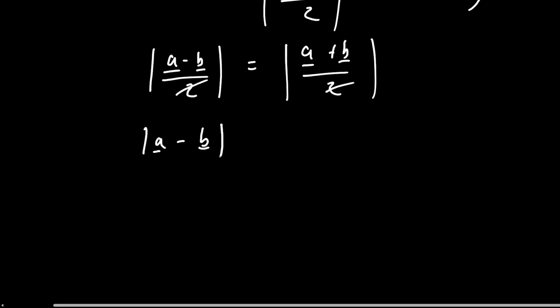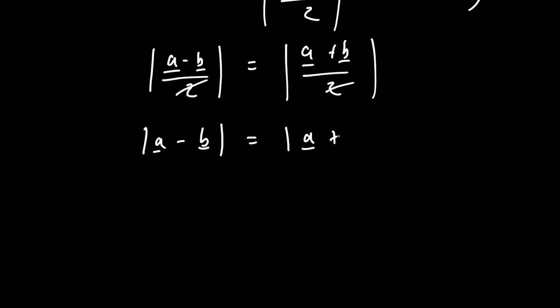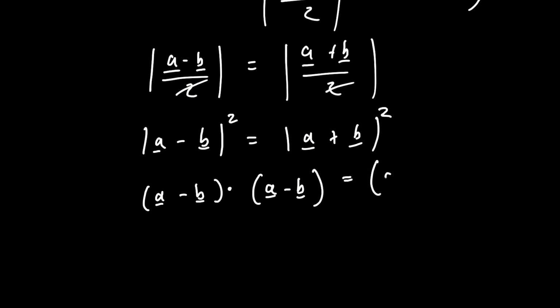The modulus of A minus B equals the modulus of A plus B. If I square both sides, I can then write this as a dot product expression. So this is going to be (A minus B) dotted with (A minus B) equals (A plus B) dotted with (A plus B).